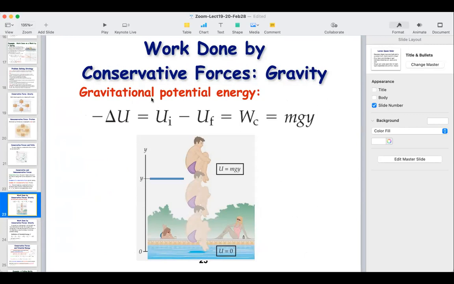So we define the gravitational potential energy, indicated with minus delta U, as the work done by gravity, so mgy. It is minus delta U because we do U initial minus U final, as you see here.